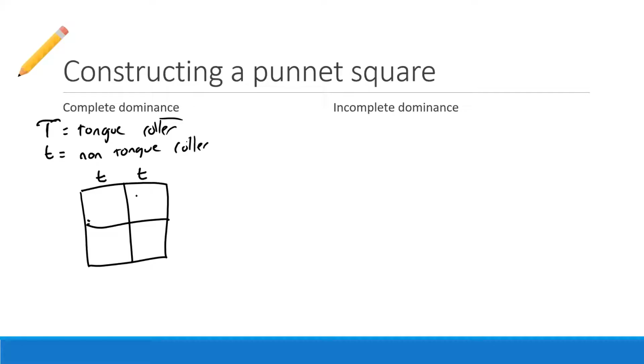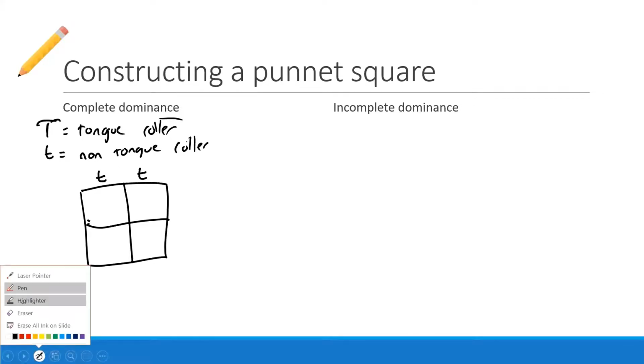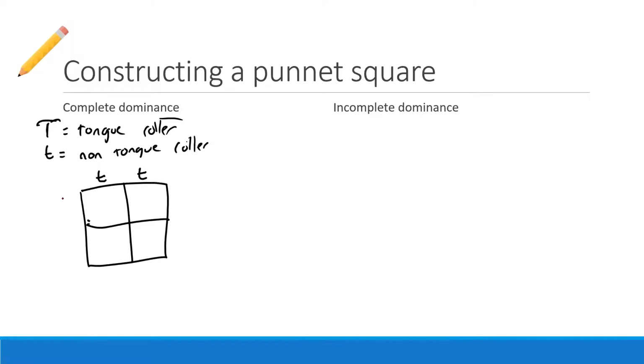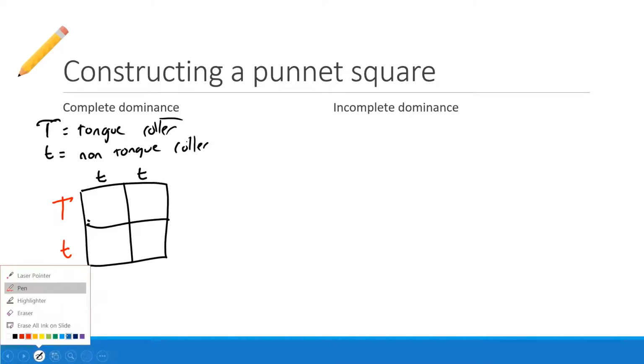This person can't roll their tongue because they have two recessive genes, right? And then we're going to have a hybrid. Now here's my first question for the heterozygous hybrid: can this person roll their tongue or not?